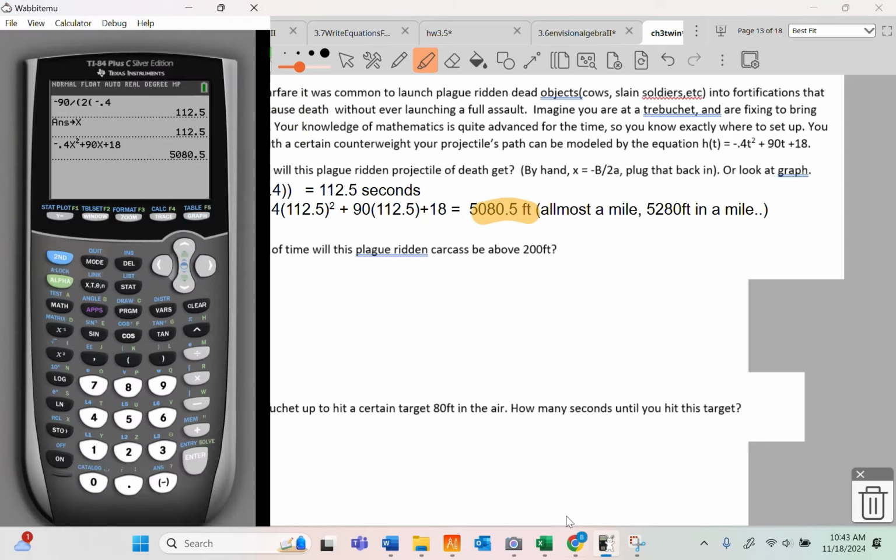You can also support your work with a graph. Some of you will struggle with graphs because you, for some reason, don't understand how to adjust windows. I don't get it. If you do a zoom 6, you won't see anything really, because it starts at 18 feet. That's the y-intercept. Here you have the imaginary stuff.